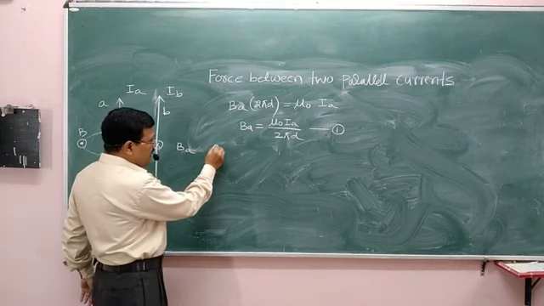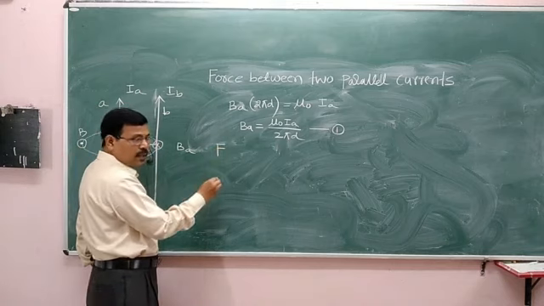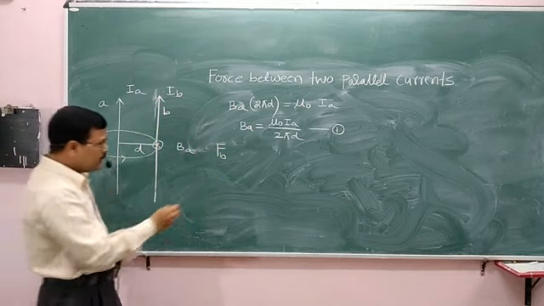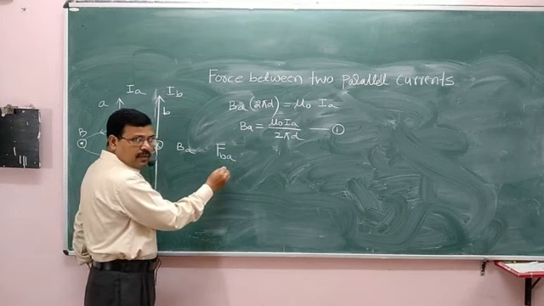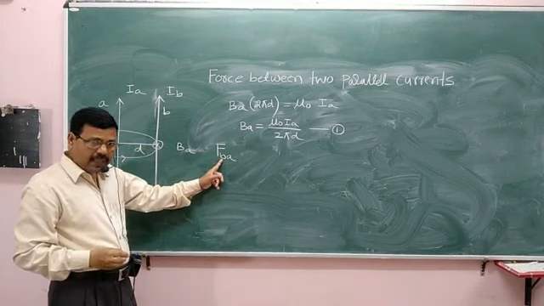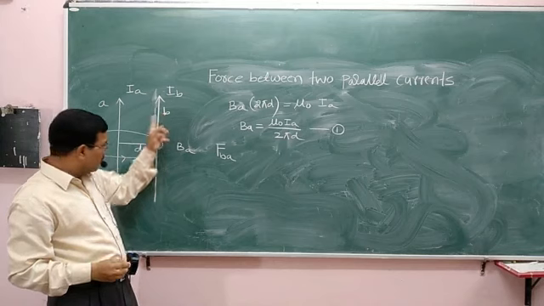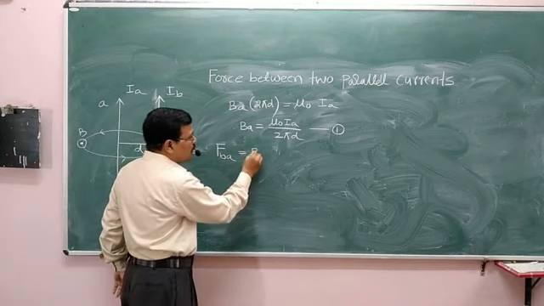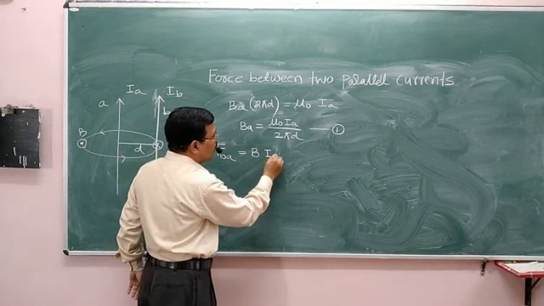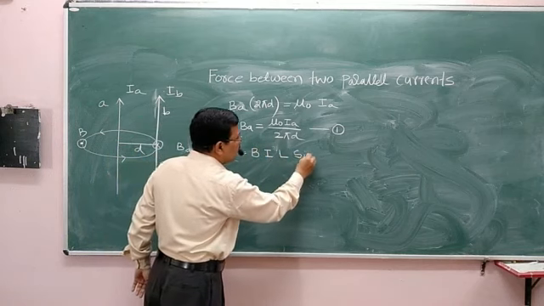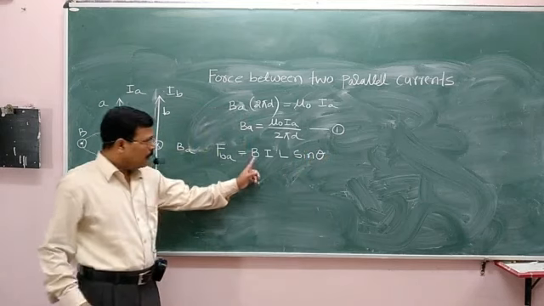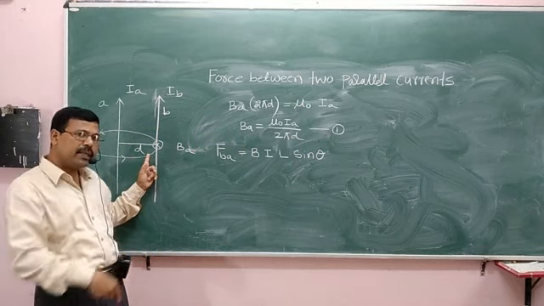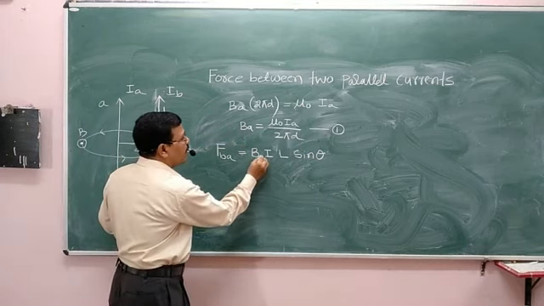So let me write that the force acting on conductor B due to conductor A is equal to B I L sin theta. B here means the external magnetic field in which the conductor B is kept, that is BA.